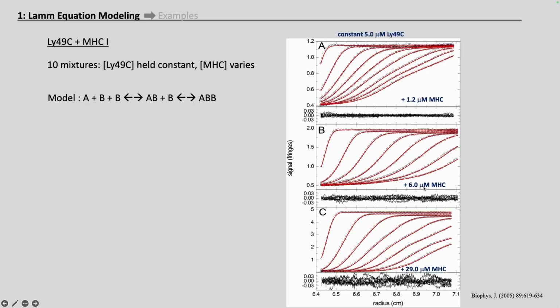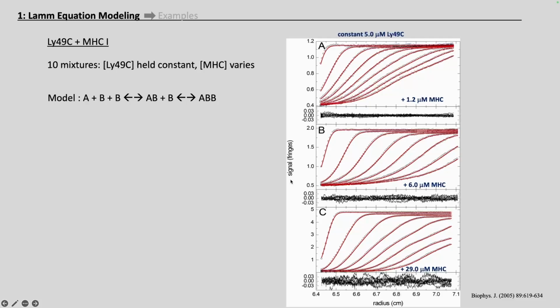When we have just a little bit more MHC than Ly49C, then we see much faster sedimentation, in what looks to me also a bimodal pattern, with maybe a little bit of a boundary in the trailing part here that might be similar in velocity as the slow boundary here. In any case, at maximum molar excess of MHC, we see no slow boundary at all and just two very fast boundaries, one sedimenting ahead very quickly and then another one over here which might be similar in speed to that one.